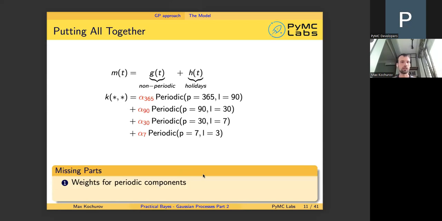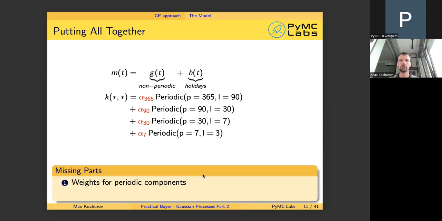If you don't specify weights, you will have a kernel that basically treats the whole data set as normally distributed with covariance functions and variance 1 times 4.